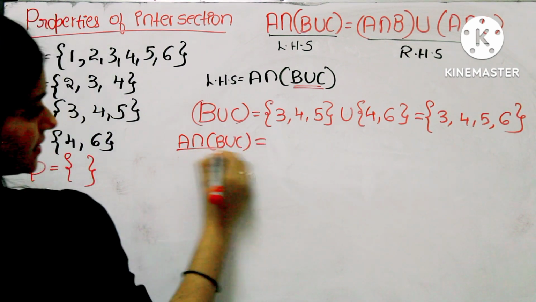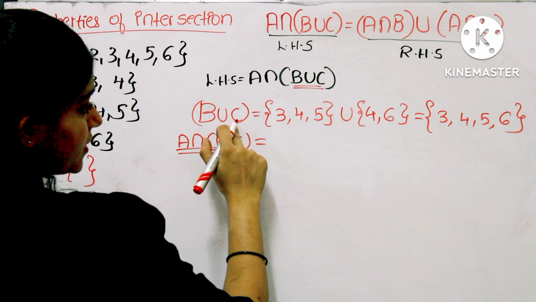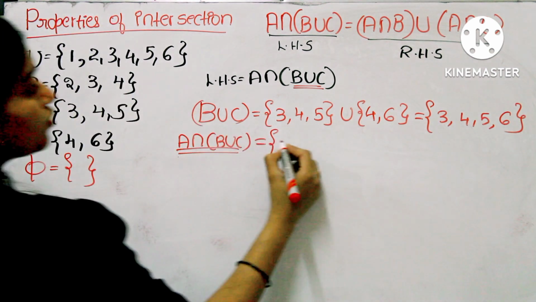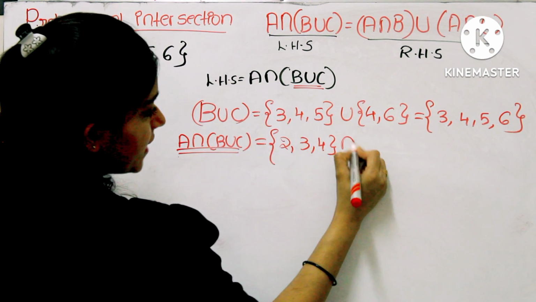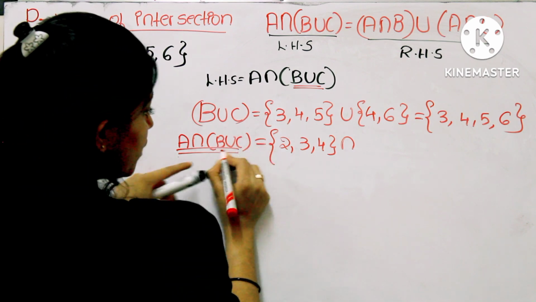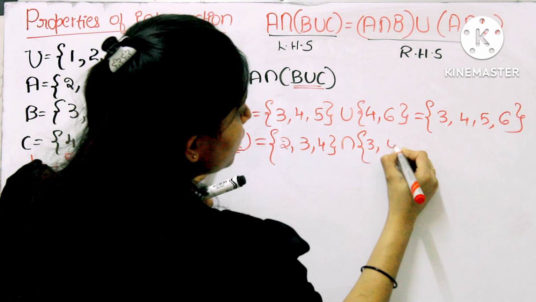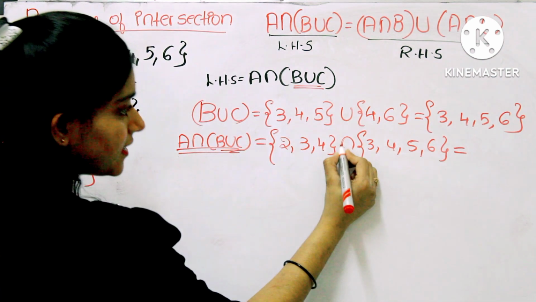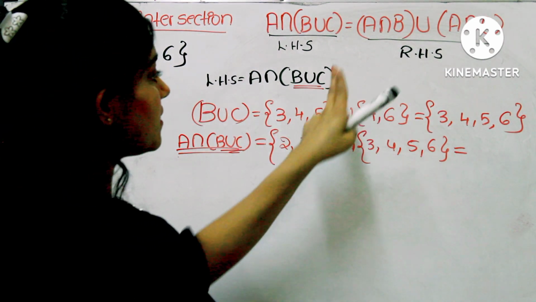This is the LHS. We need this one. So to find this, we first find B union C. What is A? A is {2, 3, 4}, intersection, as it is an intersection. What is B union C? Now we found B union C, that is {3, 4, 5, 6}. Now see here, this is intersection and this is union. So you should focus on this.